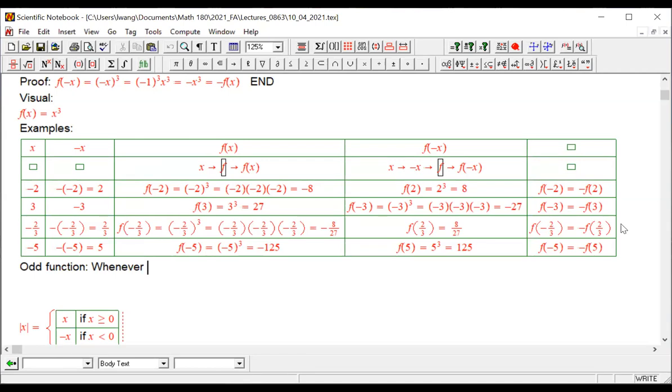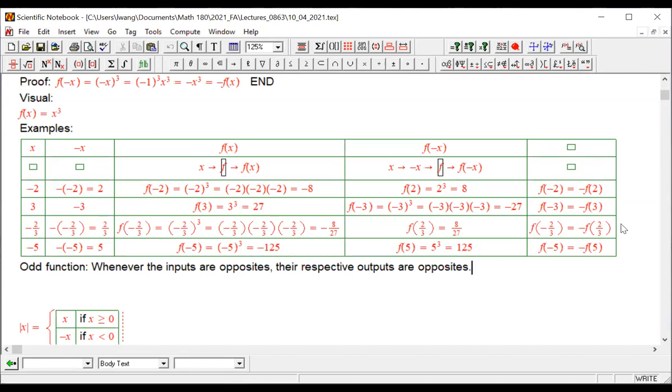One-to-one function, increasing function, decreasing function, right? In the definition of odd function and even function, you don't see the word whenever, but there is a whenever there. Okay, so whenever the inputs are opposite, their respective outputs are opposite.